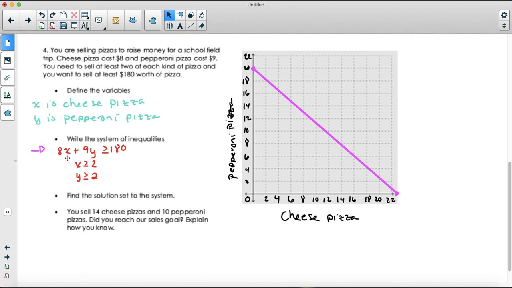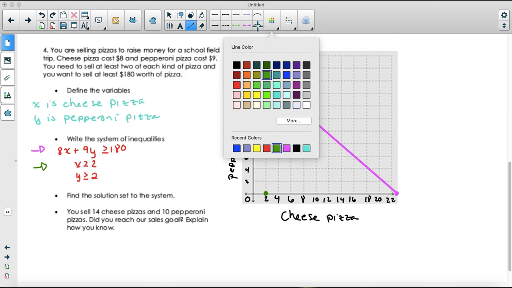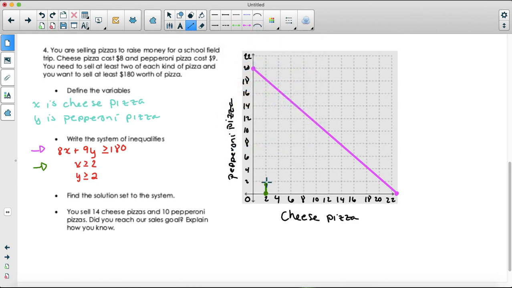Then we have the next inequality of X is greater than or equal to 2. So I'll do this one in green. This is an X at 2. It's going to be a vertical line. So I will just draw a vertical line starting at 2 and going up.